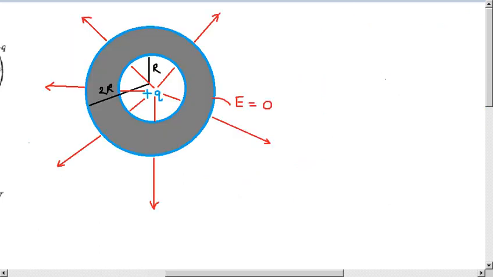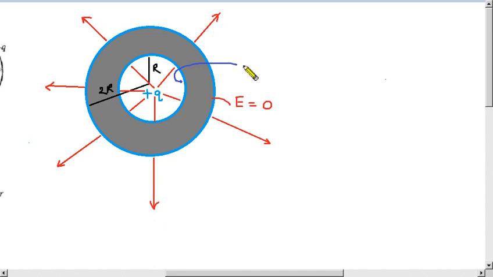So now let us check the magnitude of the field intensity at this place, just inside the inner surface. The distance we can take as R, because we take a point very close to this inner surface.